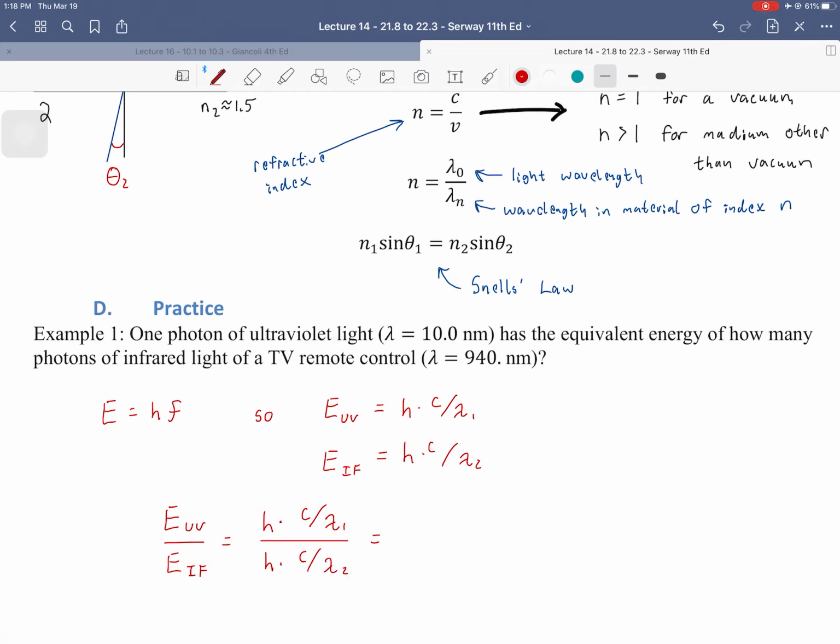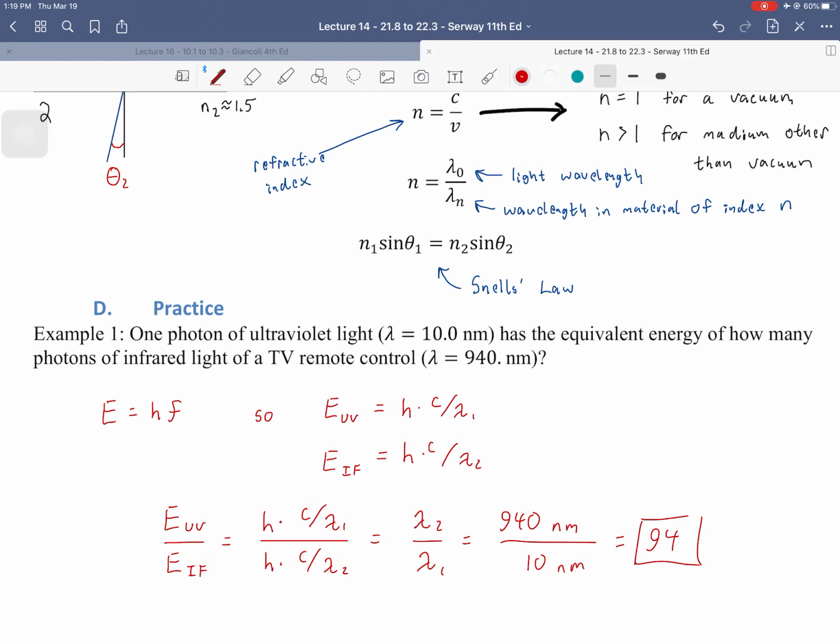And so then we're going to end up with lambda 2 over lambda 1, which will be 940 nanometers divided by 10 nanometers, or 94. So in other words, it takes 94 TV remote control photons to equal 1 UV photon. And those UV photons are the ones that give you sunburns.